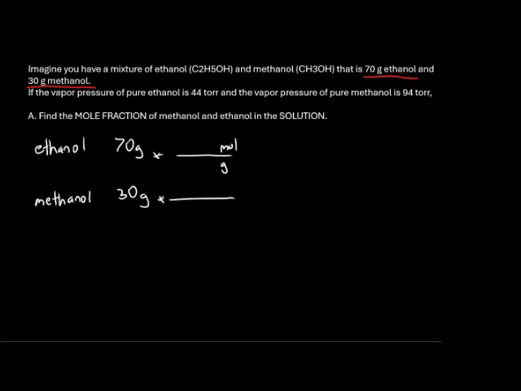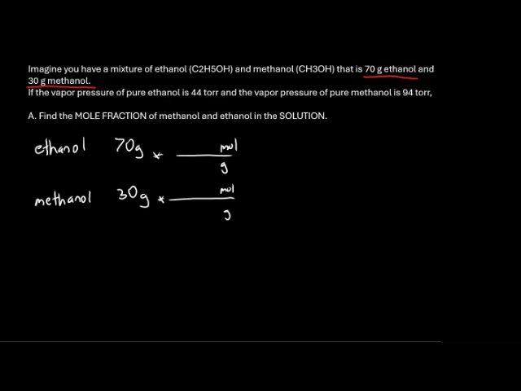The question tells us first that we have 70 grams ethanol, 30 grams methanol. We'll need to convert these grams to moles for both of these substances. So we'll be getting out of grams and into moles for both.